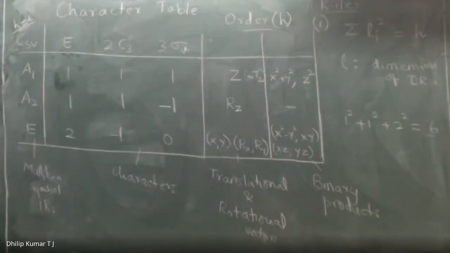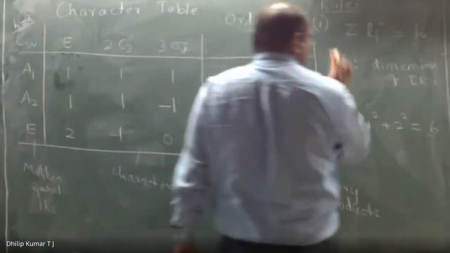The second one, if I remember correctly, is about taking the product of two IRs.